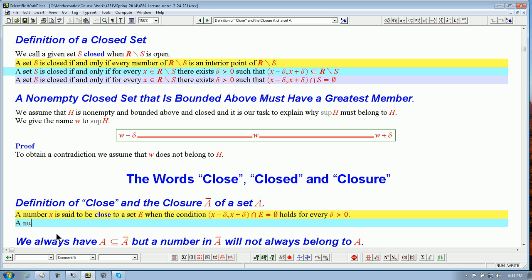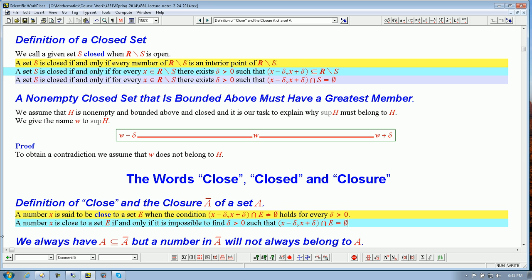A number x is close to a set E if and only if it is impossible to find delta greater than 0 such that the stick intersected with E is empty.